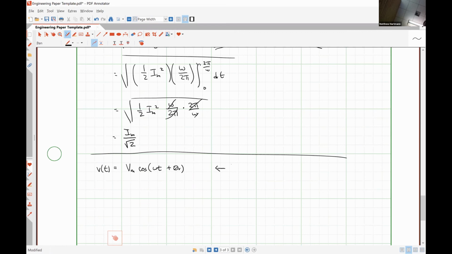This is time domain. We know that we can express it in the frequency domain as what? Vm angle theta v. All right, perfectly correct.